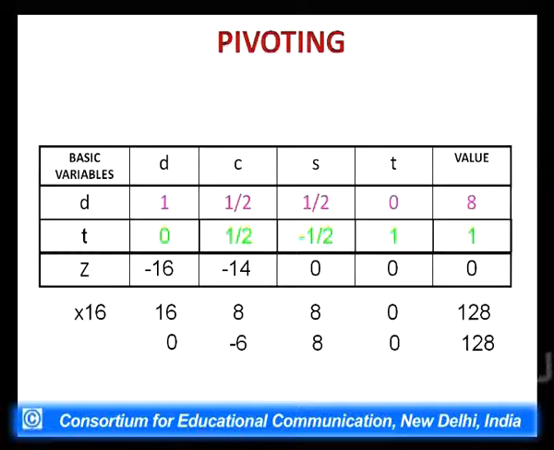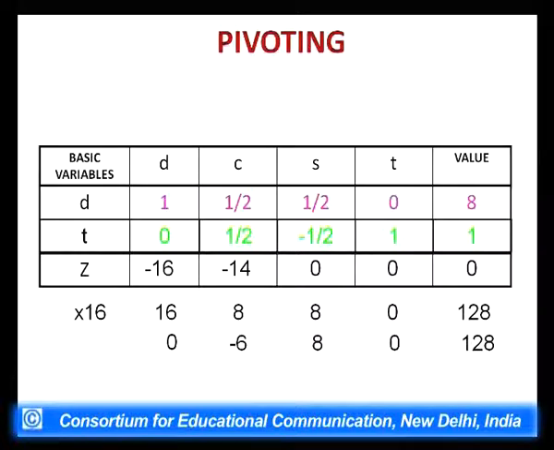First we multiply the first row by 16. The first cell will have 16, the cell under C will have half into 16, which is 8. Similarly, the value under S, half into 16, is 8, 0 into 16 is 0, and 16 multiplied by 8 is 128. Now all these values will be added to the third row, and the value against Z in the pivot column will become 0.